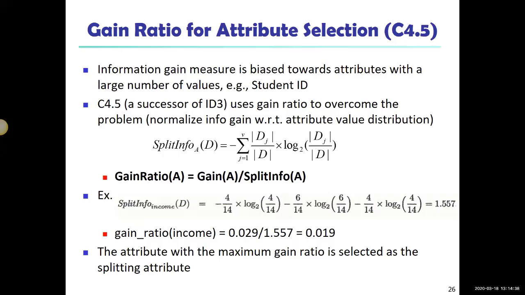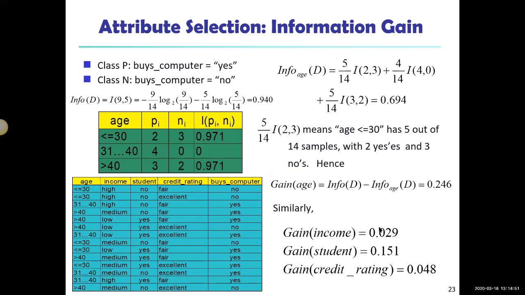Where is this 0.02 coming from? Are you talking about this value? Yes, here. So remember, we calculate the gain for age, and we also calculate the information gain for income and the others. When we use gain ratio, we divide each number by its split info value, and then compare again to see which one is actually the best.